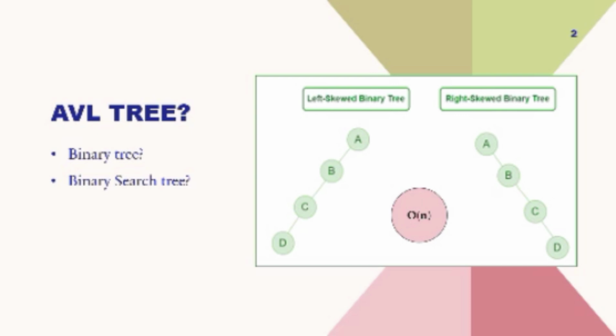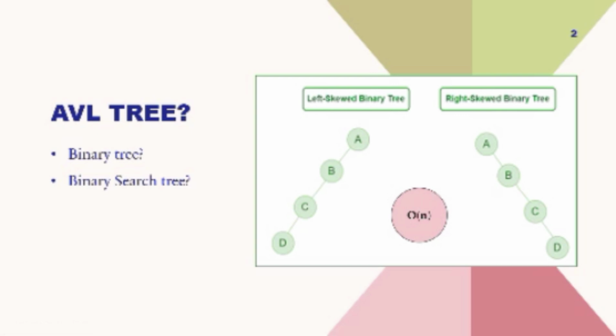But there's a scenario which makes us think about AVL tree, and that is left skew tree and right skew tree. In the case of left skew tree and right skew tree, the height of tree is n. Hence, the complexity to search thereby becomes big O of n. The same for deletion and insertion.